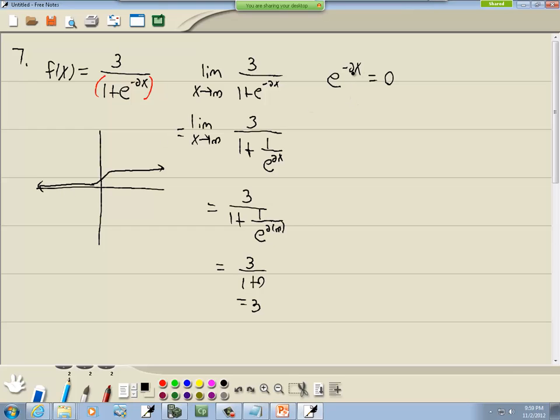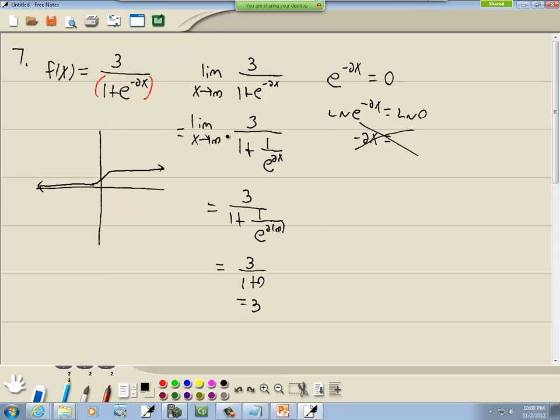Well, to solve for this, and again, we haven't covered this in the book yet, but if you take the natural log of both sides, natural log and e cancel each other out, and you'd be left with negative 2x. So that's how you get the variable out of the exponent. But the natural log of 0 we can't have. So it can never equal 0, which means that's an asymptote there. So it's skimming that right there.